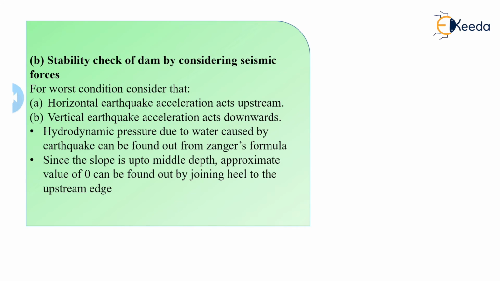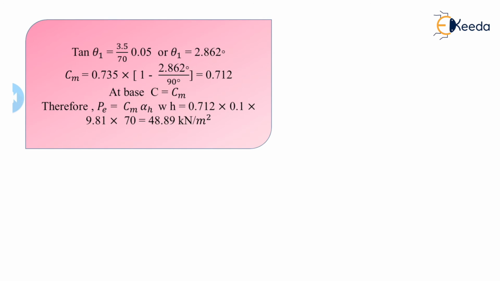And if the upstream face is partly inclined, then we choose Zanger's formula. Here, since the slope is up to the middle depth, the approximate value of theta can be found by joining the heel to the upstream edge. So here tan theta 1 is equal to 3.5 divided by 70. The value is 0.05 and theta will be 2.862 degrees. So simply by substituting this value, we can find out the Cm.